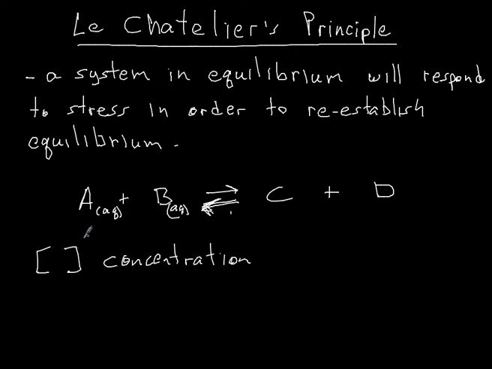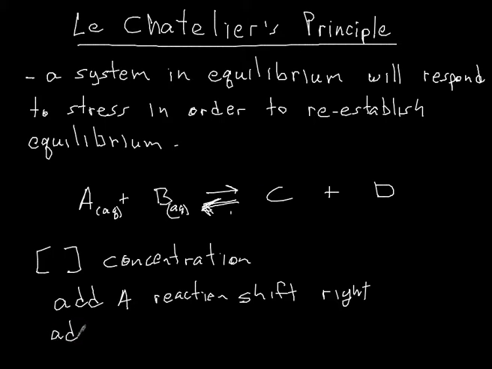And so if we add A, like we just talked about, then the reaction will shift to the right. That's how we're going to term it. It shifts right because by adding A, we're going to increase the forward reaction until a new equilibrium is reached. So if we add A, we shift the reaction to the right.